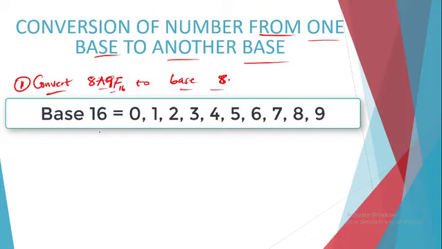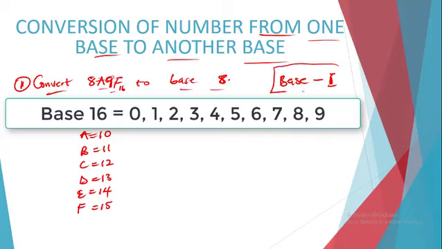And then 10 is equal to A. B is 11. C is 12. D is 13. E is 14. F is 15. Okay, and then I want you to note here that the digits in a base is equal to the base minus 1.